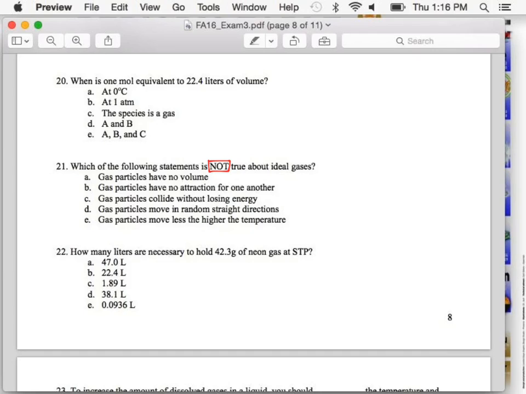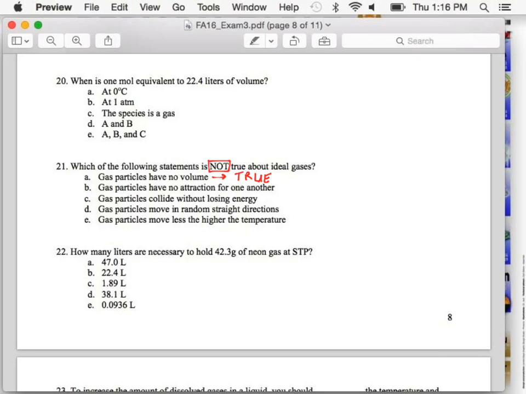Gas particles have no volume. For an ideal gas, that is our number one assumption. We say that they have no volume. Which is kind of a weird statement because do objects have volume? Yes.